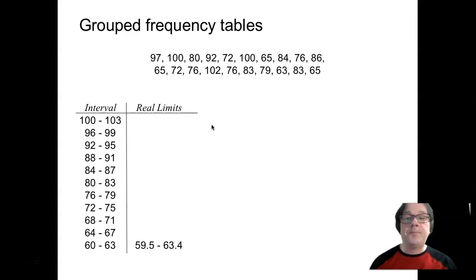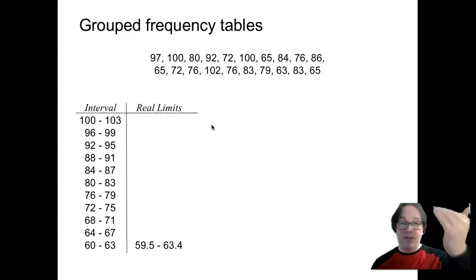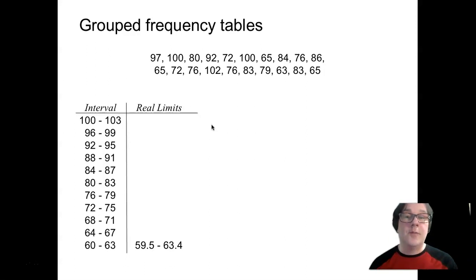So if we had a 59.4, then we round down, right? When we have a decimal from 0.0 to 0.4, we round down. 0.5 and above, we round up.